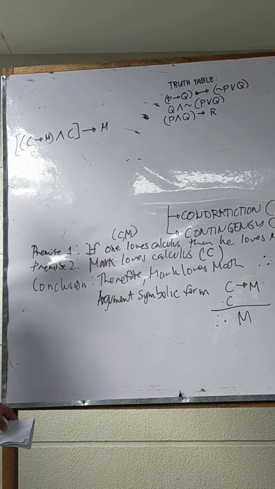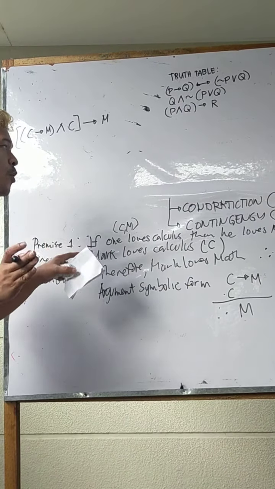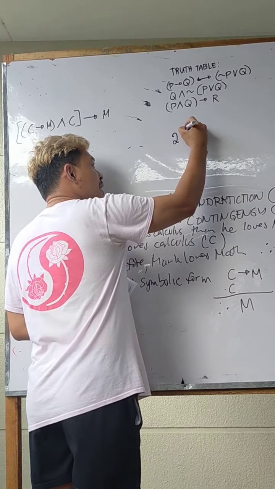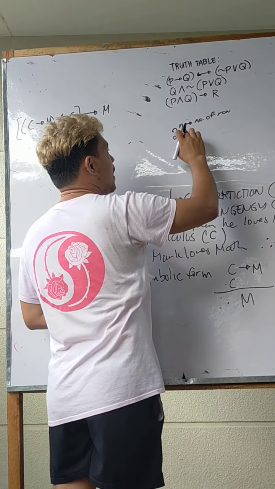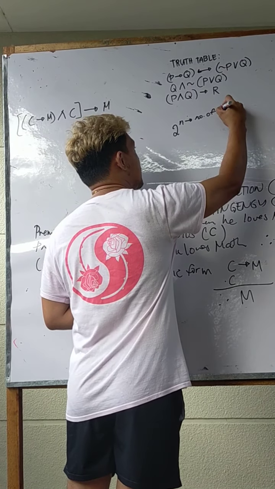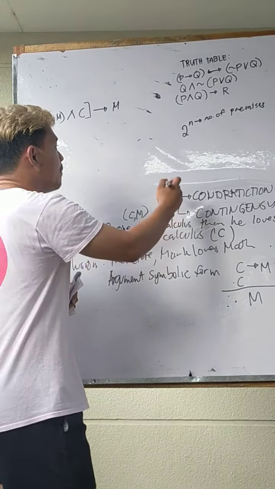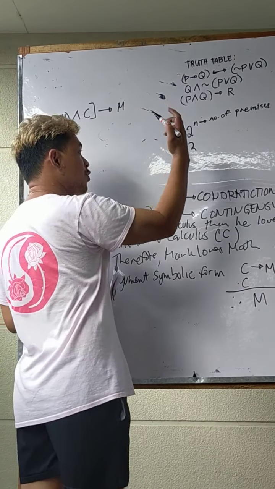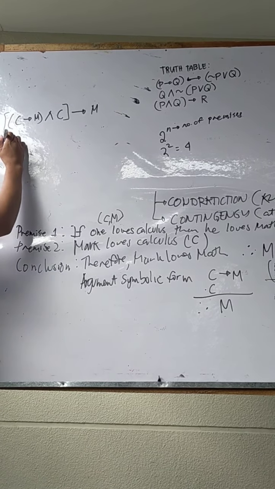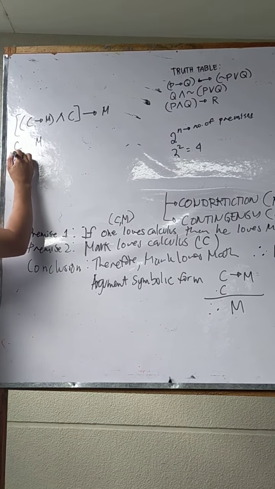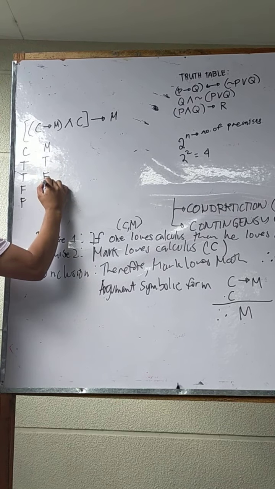So, first, let us identify how many premises we have. We have 2 premises. Therefore, the number of rows will be 2 raised to n, where n is the number of premises, and 2 is constant. We have C and M, so 2 squared, we have 4. Therefore, for C, M, we have true true, true false, false true, false false.